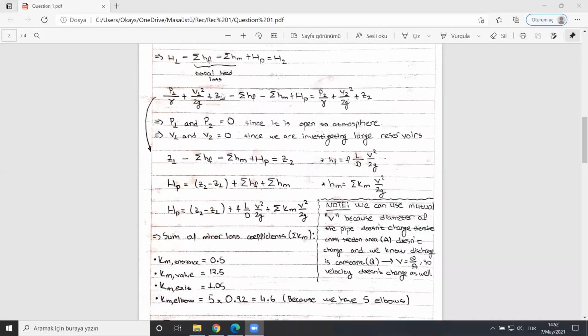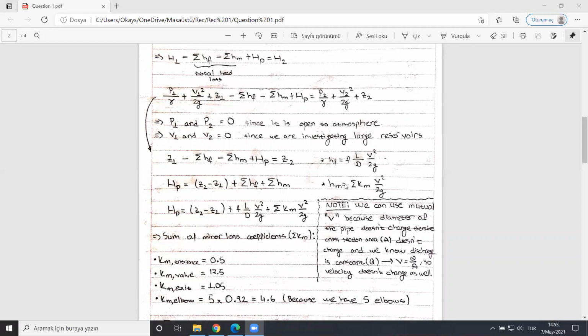We're left with only the elevation head, head losses, pump head, and the elevation at point 2. We know the equation of major head loss is f L V squared divided by D times 2g. L is the total pipe length with velocity V, D is the pipe diameter, and g is the gravitational acceleration.